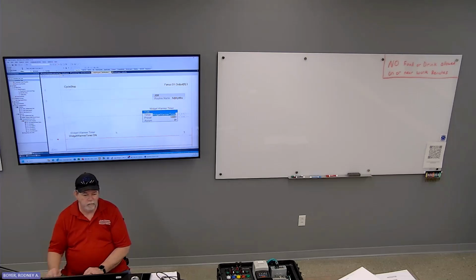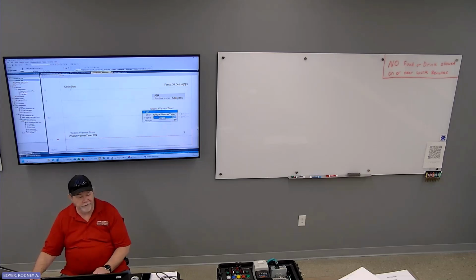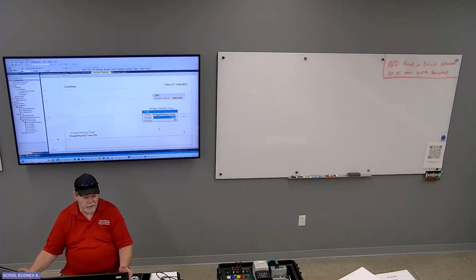It would be easier to just put a timer with it. Yeah, if that is the widget warmer timer, then why not just call it widget warmer timer? I guess you could use the descriptions for other things too. The descriptors are there for your use, but they're definitely not required. That's the beauty of tag-based programming, it is self-documenting.